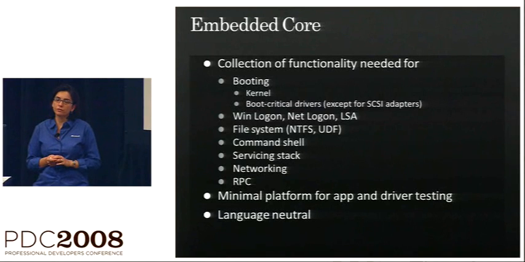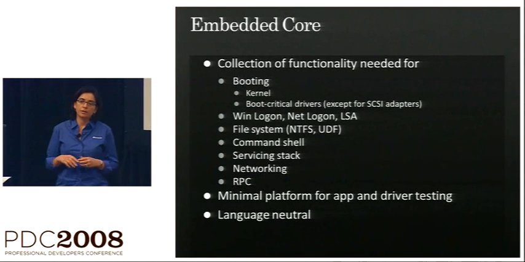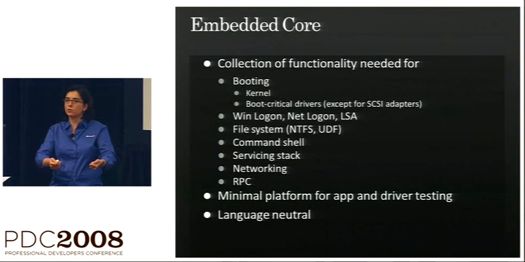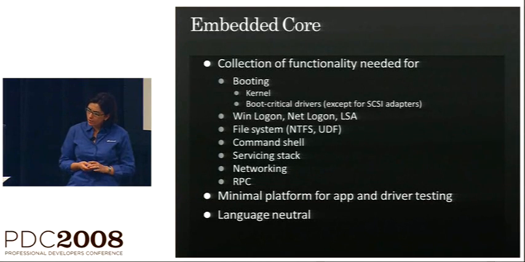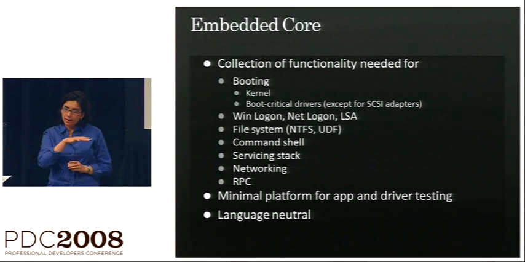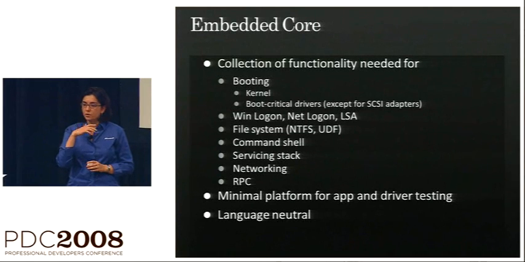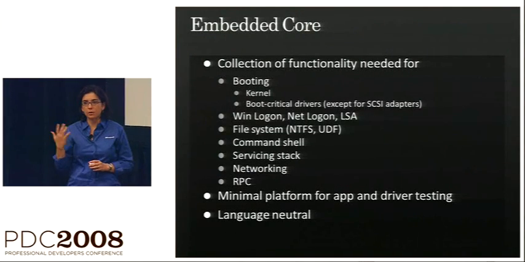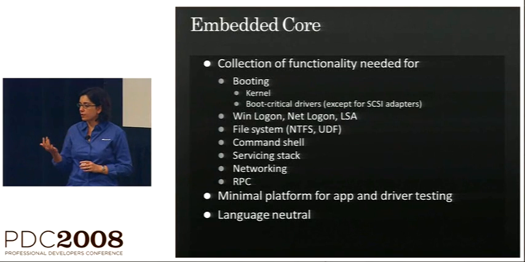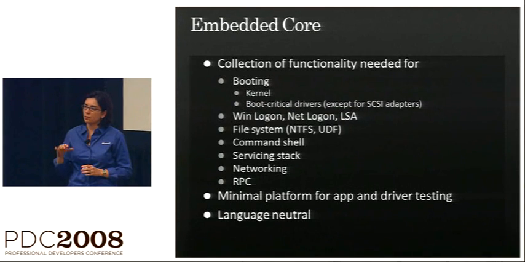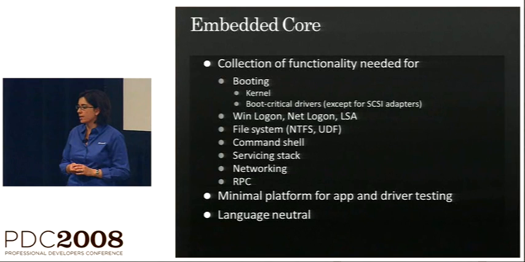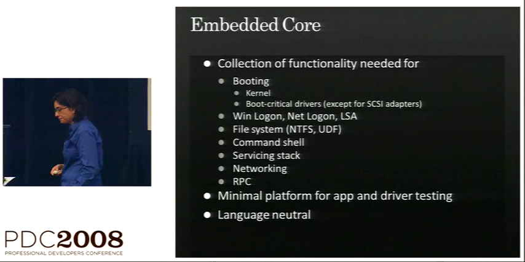Now, with language neutral, if you were building a German device, you just stick the German resources on top of eCore, and that's it. You don't need English. There are some languages that still fall back to English, but most of the European language and other common languages are fully localized, or Windows is fully localized in those languages, and you don't need fallback.